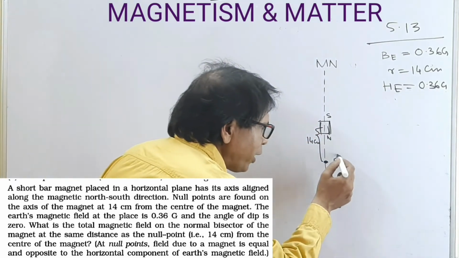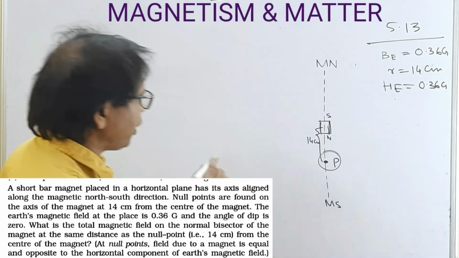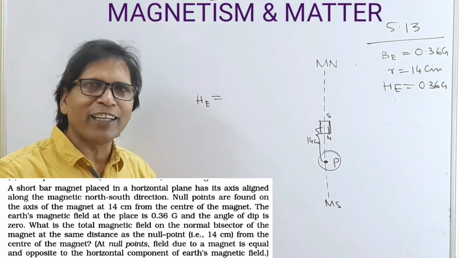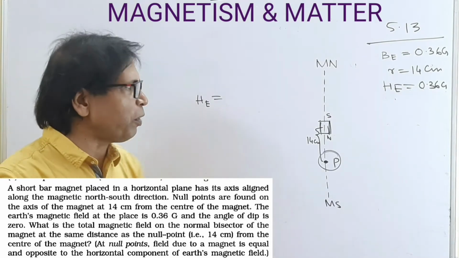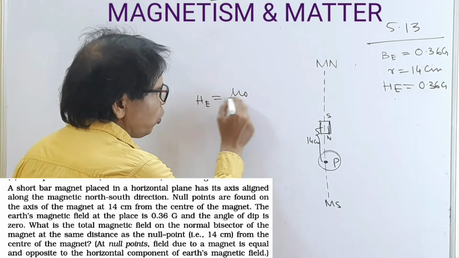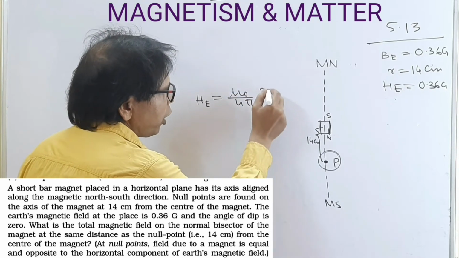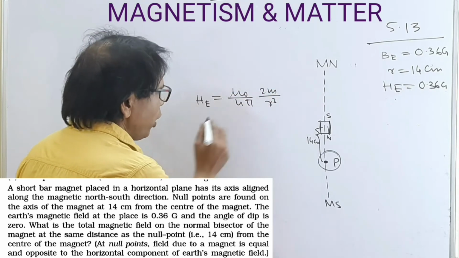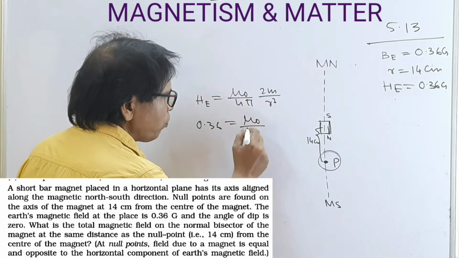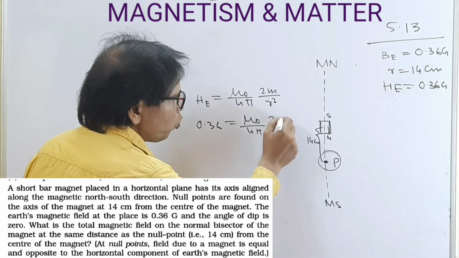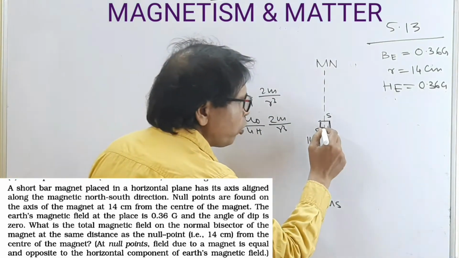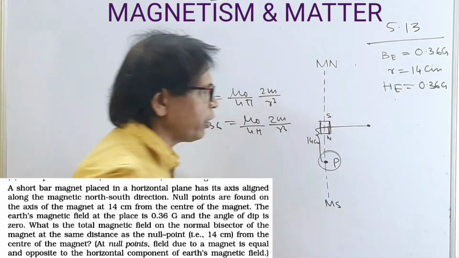As the neutral point is obtained on the axis, the horizontal component of earth's magnetic field is equal to the magnetic field at this point due to this magnet, which is mu naught by 4 pi times 2m by r cube. Now this is 0.36, so this is mu naught by 4 pi times 2m by r cube. Now we have to calculate the magnetic field at this point.